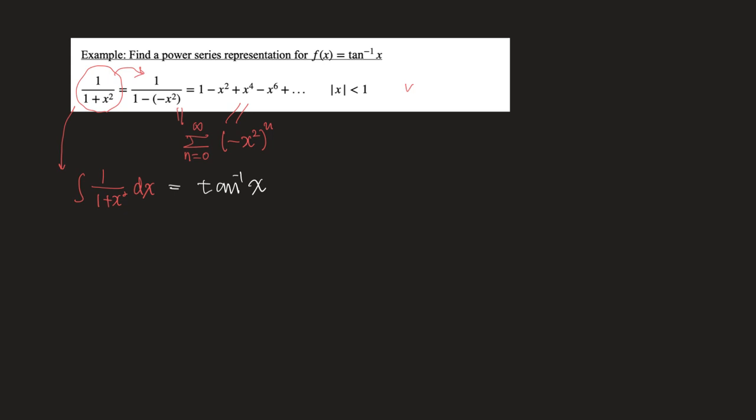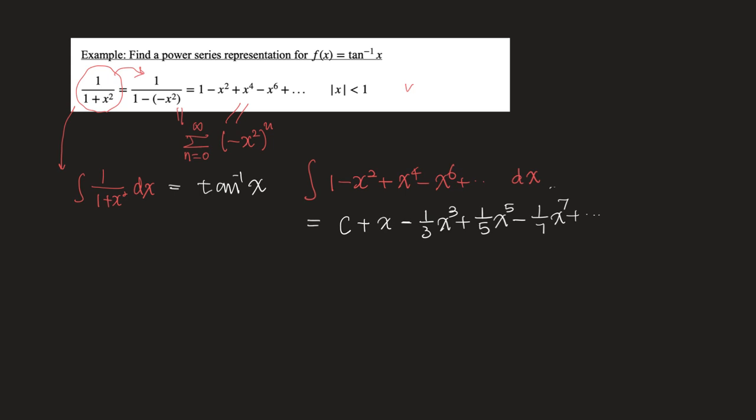In the power series, 1 minus x squared plus x to the fourth minus x to the sixth, we take the integral and have x, but don't forget the c. Negative 1 over 3 x cubed, plus 1 over 5 x to the fifth, minus 1 over 7 x to the seventh. That's the power series after integrating this power series.